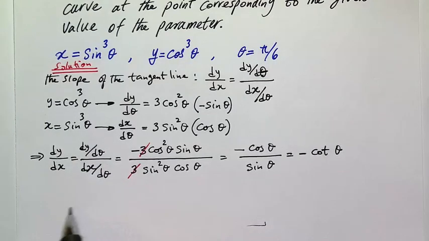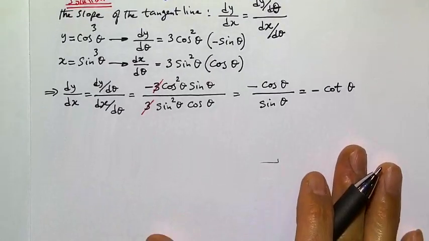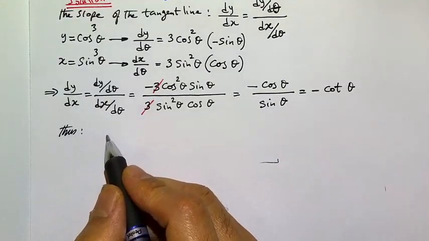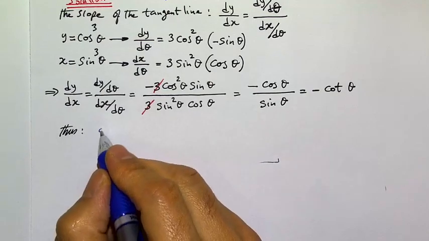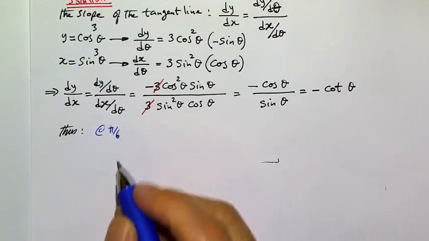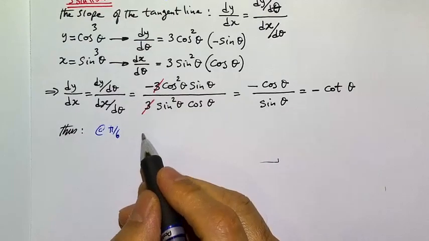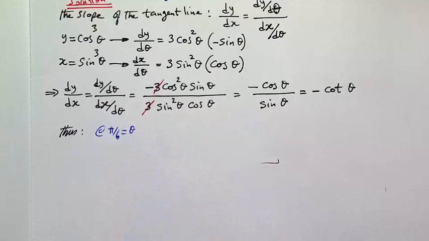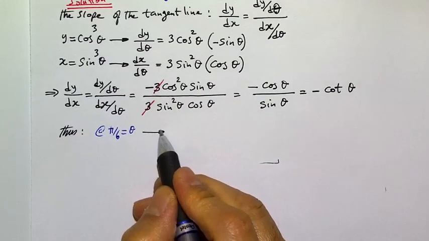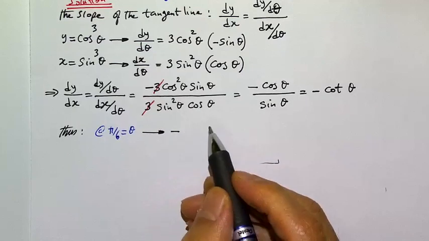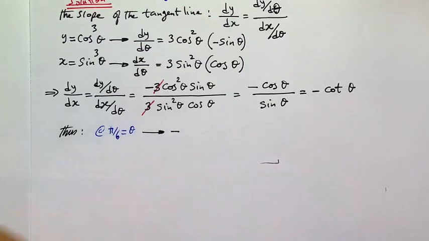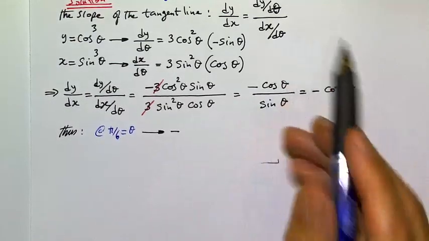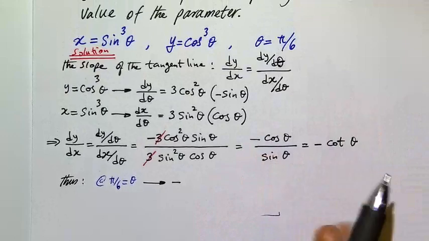Okay, so let me maybe put here. So thus, at theta equals pi over 6, we have minus cotangent, since this applies to any angle, but we want to know the slope at this particular angle.